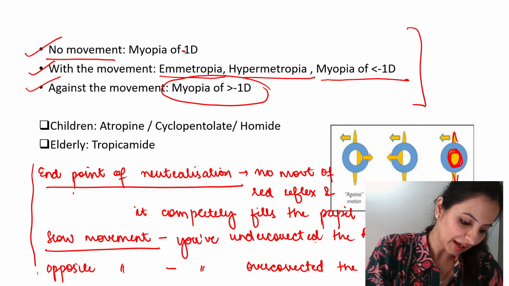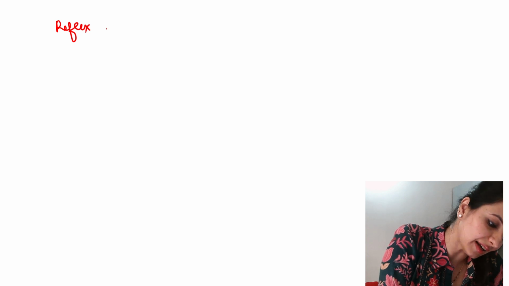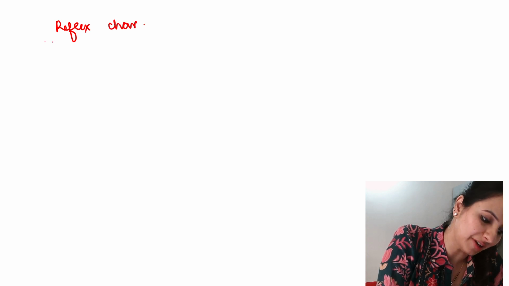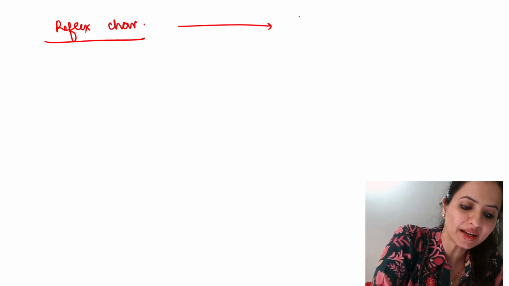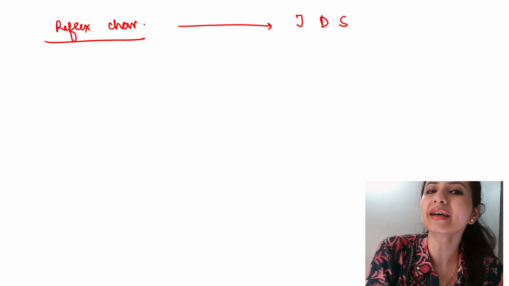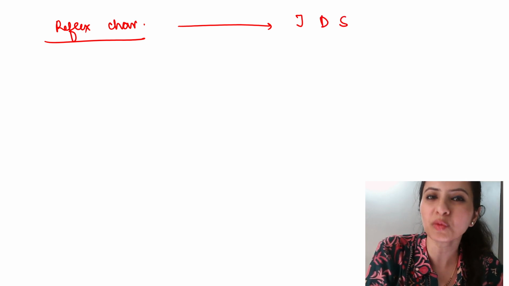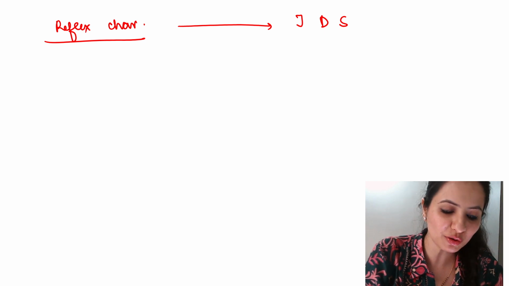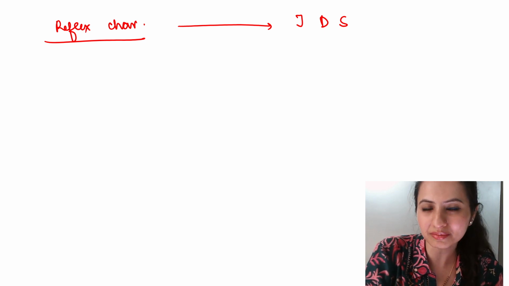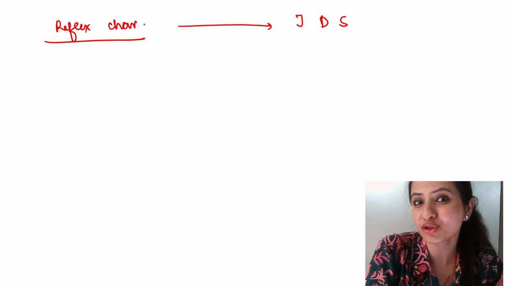Okay. Another important point about the reflex is this: you have to look at the characteristics of the reflex. So if your reflex is TDS, okay, TDS is a mnemonic. In layman terms, it refers to tax deduction from the source.